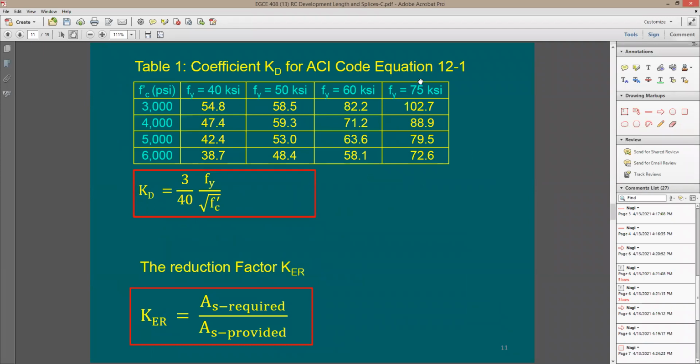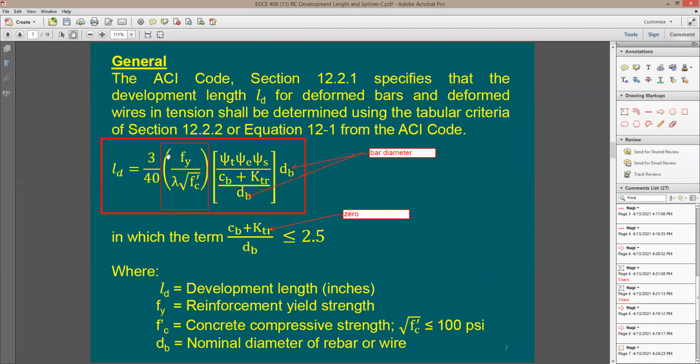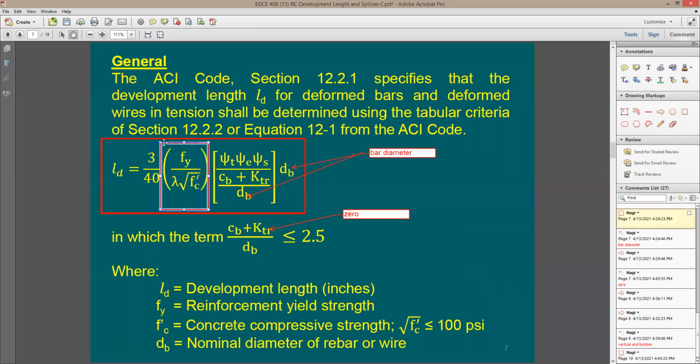We have this table in the code to help you find the value, which is K sub D, 3 divided by 40, F sub Y divided by square root of F prime C. And actually this table here, you can just ignore it because look at this. What's K sub D? Just look at this again: 3 divided by 40, Fy divided by square root of F prime C. I'm going to say this is exactly this thing here, right?